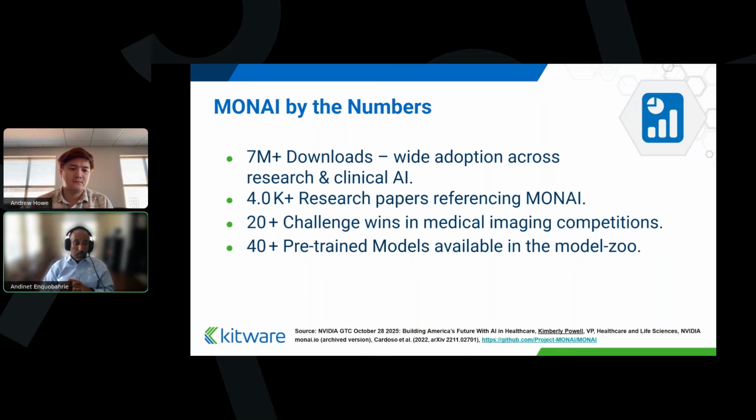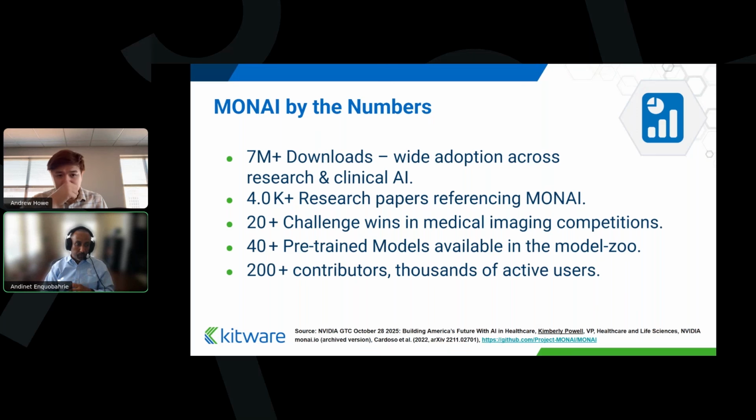The MONAI model zoo has become a very rich source of pre-trained models. The last time I looked at it, it had more than 40 pre-trained models, and this includes segmentation, classification, detection. So, for example, if you're interested in liver lesion segmentation, you'll be able to go in there, find a particular model, and use it.